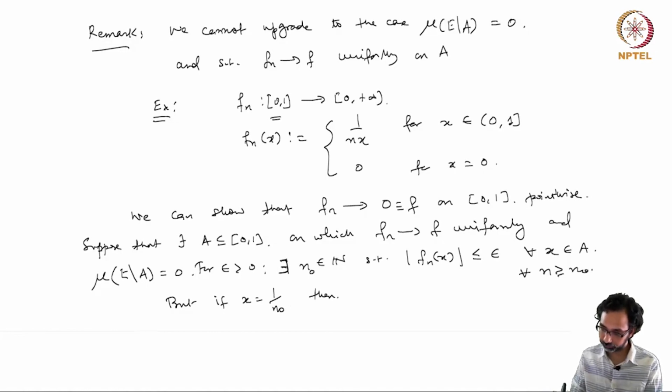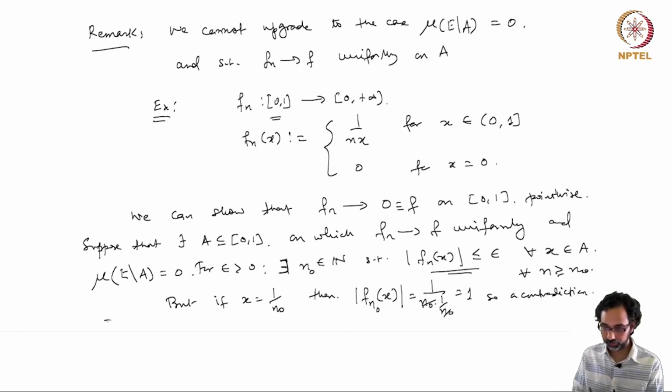Then the modulus of f_{n naught}(x) is equal to 1 over n naught times n naught, which is simply 1, and so it violates this condition. We get a contradiction.